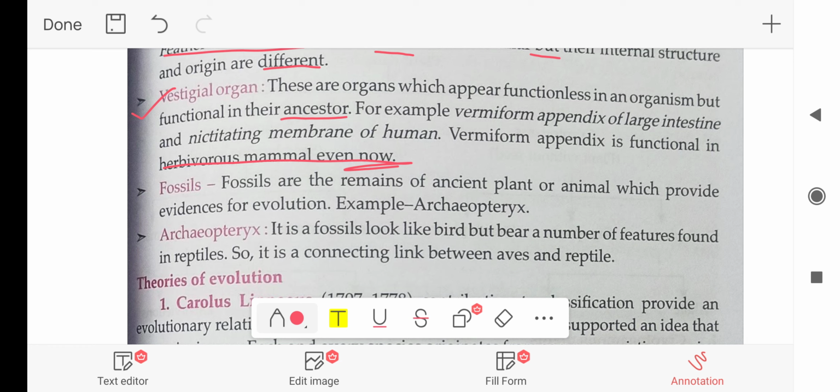Fossils. Fossils are the remains of ancient plants or animals which provide evidence for evolution. Example, Archaeopteryx.